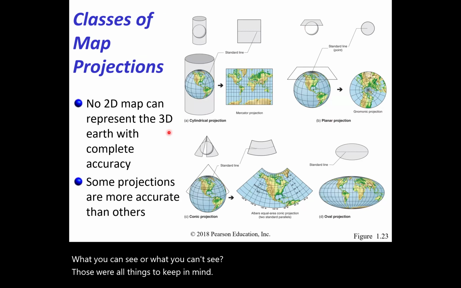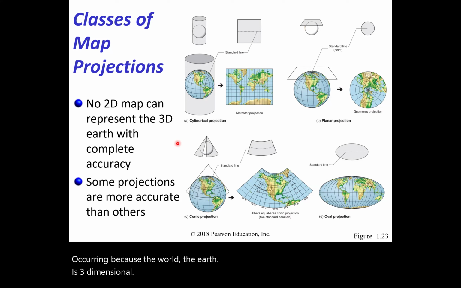And then we have map projections. A map projection is an important thing to keep in mind because any map, especially world maps, that we are trying to make, there has to be some distortion occurring because the Earth, a globe, is three-dimensional.